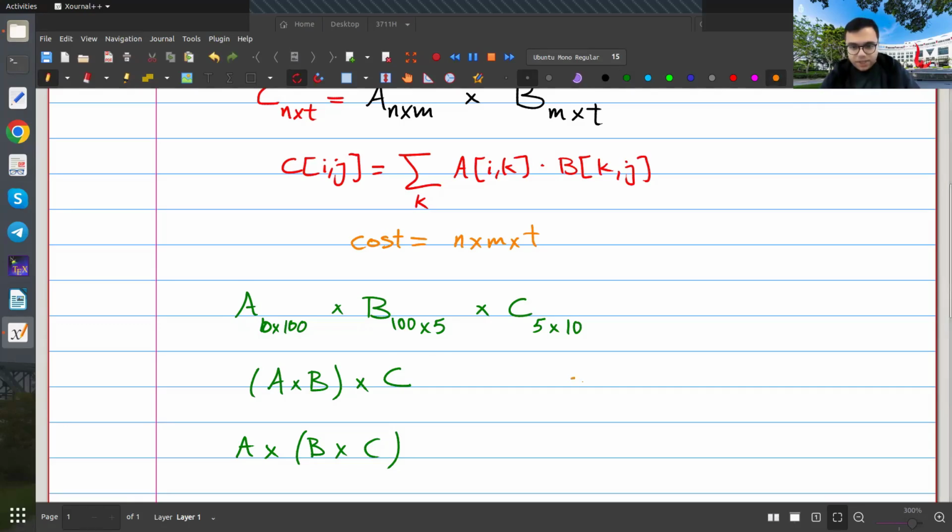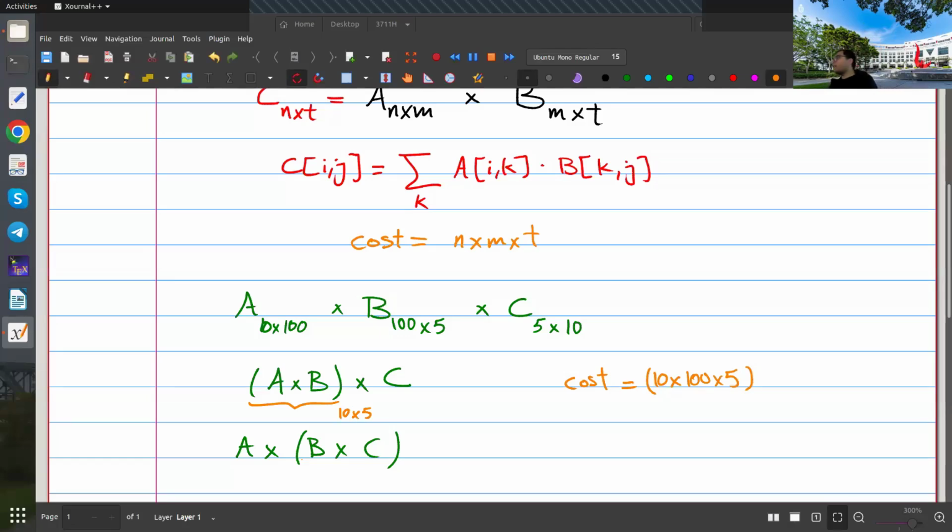For example, what is the cost here? If I first multiply A by B, the cost is 10 times 100 times 5, right? That's the cost of the first multiplication. And then I get this matrix here. And what is the size of this matrix? This is a 10 by 5 matrix, right?